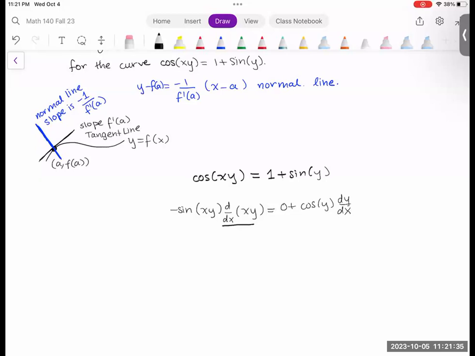We have negative sine of xy times: first we differentiate x and get 1, and we don't differentiate y; then we keep x undifferentiated and multiply by the derivative of y. And this is equal to cosine of y dy dx.